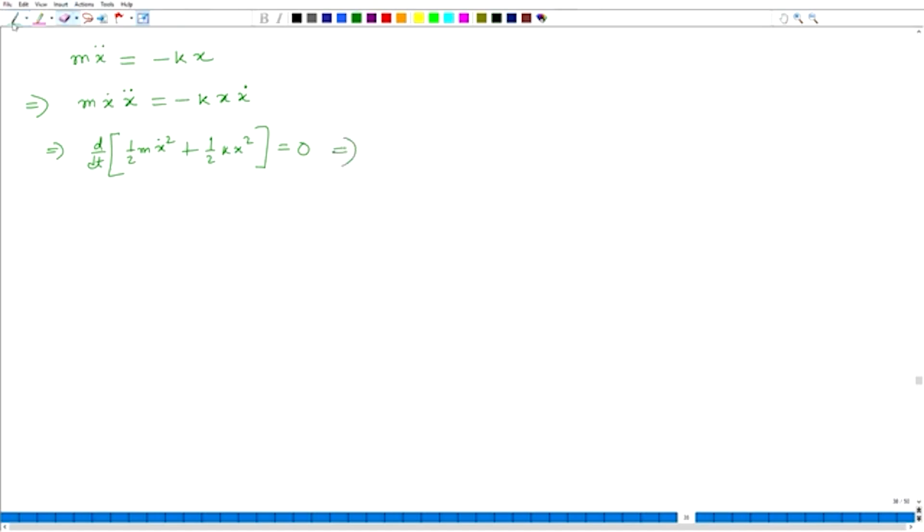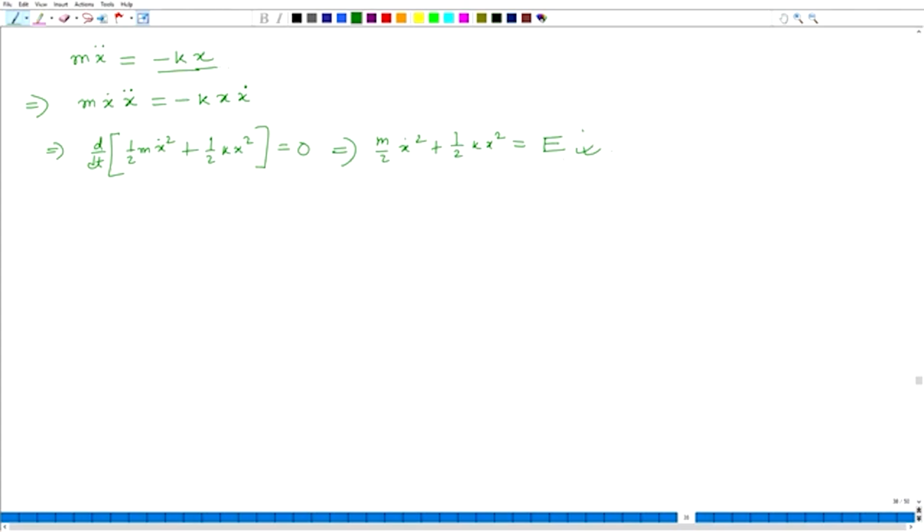And then I simply say that m by 2 x dot square plus half k x square is equal to a constant, and that constant I now call E. Okay. So, this E should not change in a motion. If I have this force only and no other force is acting, then this should not change.